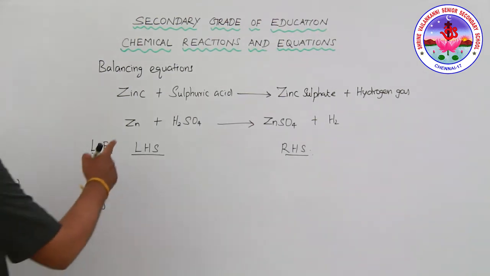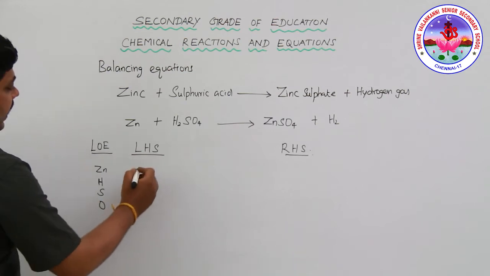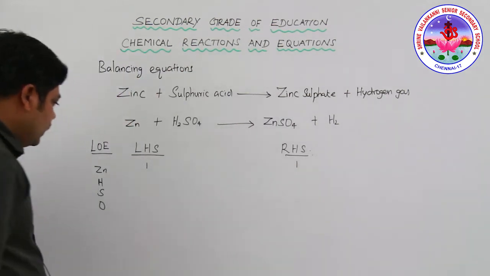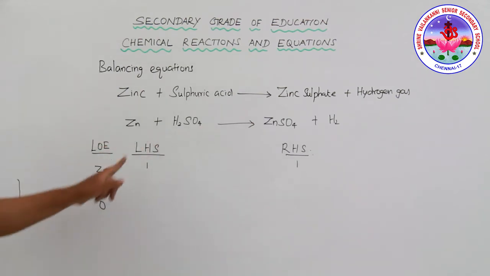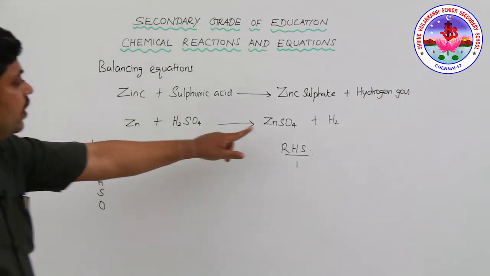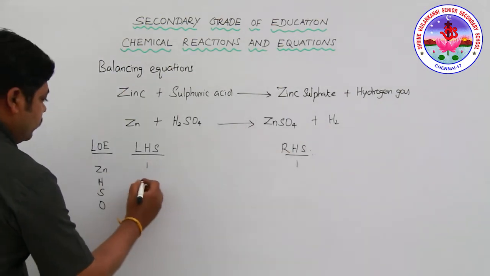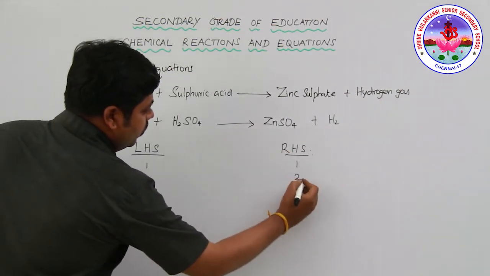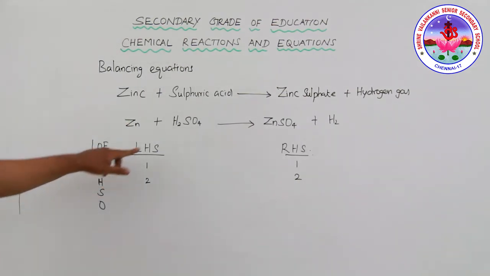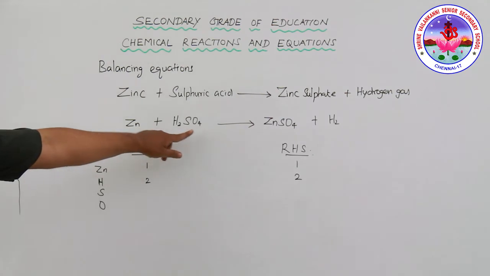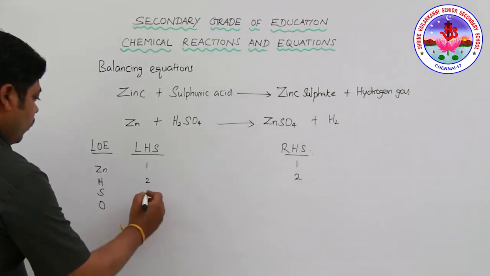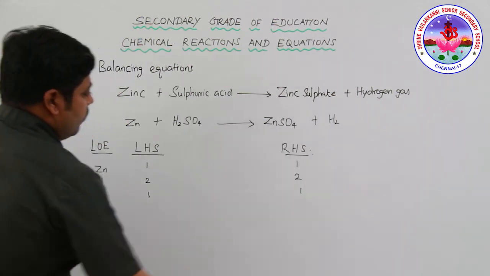Now count the number of zinc: on the left hand side it is 1, on the right hand side also 1. Then hydrogen, the number of hydrogen on the left hand side is 2, right hand side also 2. Then look at the sulfur, on the left hand side it is 1 and on the right hand side 1.